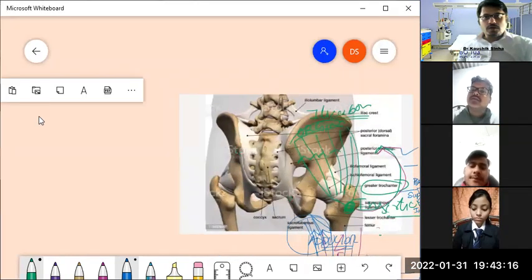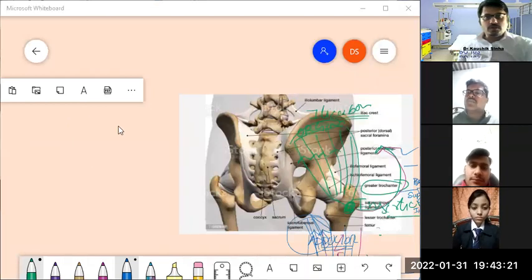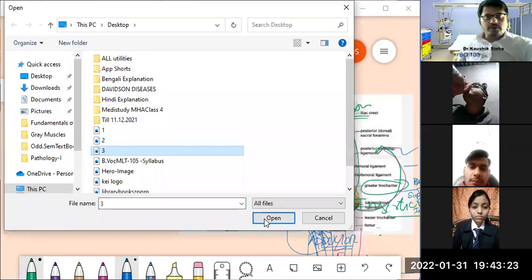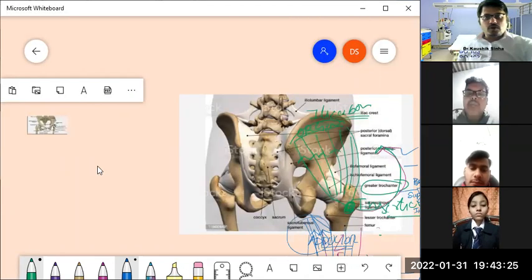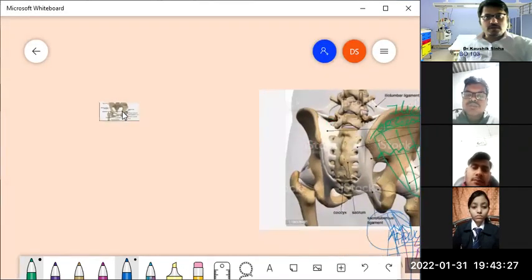So here on the board appears the front view of the entire hip bone. And in the front view, the obturator foramen becomes clear.